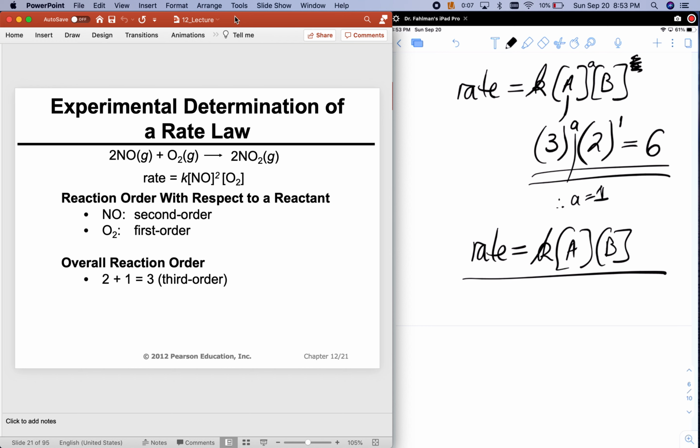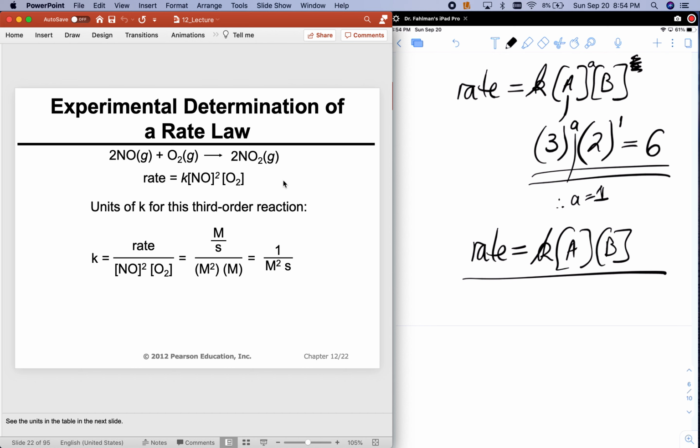With respect to different reactants, if we have this balanced reaction and we find out based on data that this is the rate law, we would say the reaction order with respect to nitric oxide, or NO, is second order. It's first order with respect to oxygen, or third order overall. So you're just adding up these exponents. This is the overall reaction order.